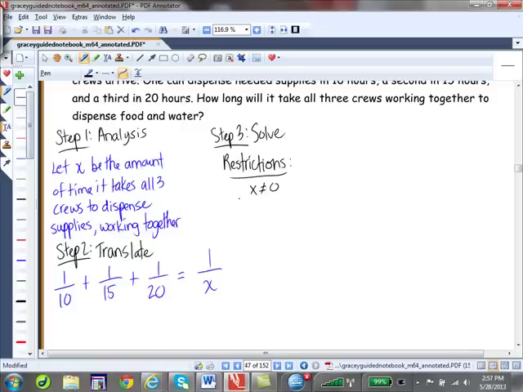And the LCD in this case is going to be, with 10, 15, and 20, the smallest number they divide into is 60, and then we have x. So we've got 1/10 plus 1/15 plus 1/20 is equal to 1/x. Our LCD was 60 times x.